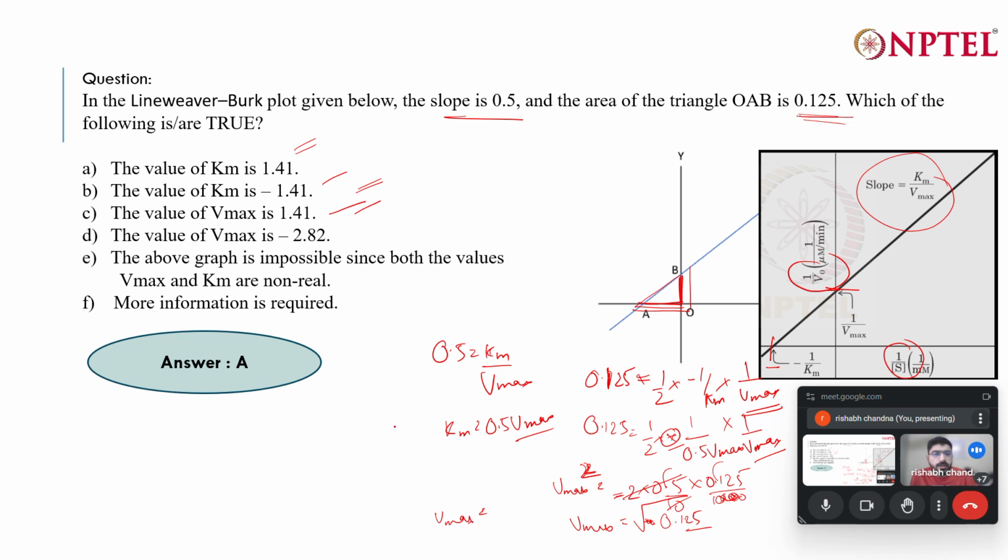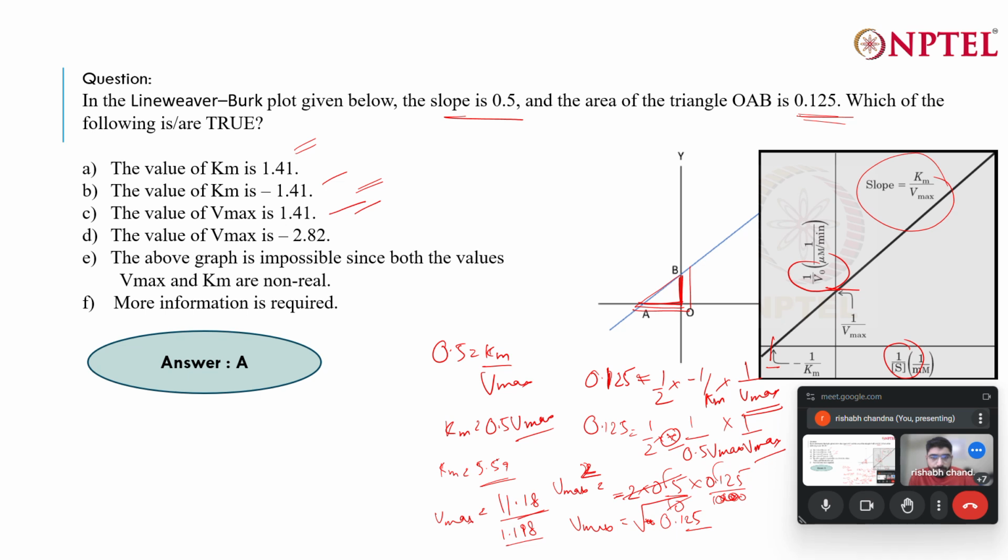That is around 11.18. If we now multiply it with 0.5, Km comes out to be 5.59. Oh wait, so this comes out to be 1.118 Vmax.